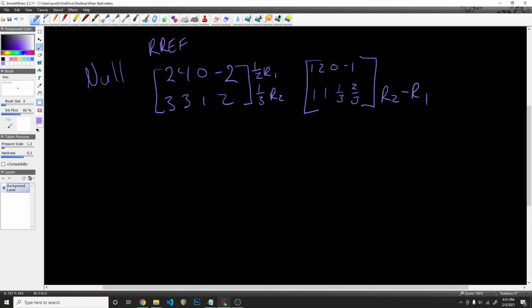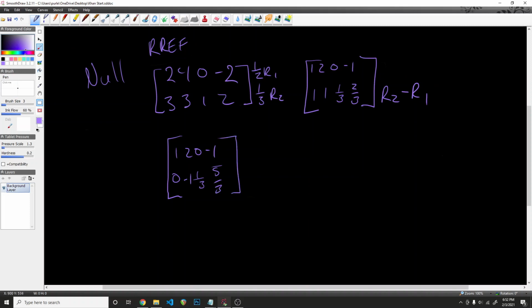Now we want to have a 0 here, so we can take row 2 minus row 1, and that will give us 1, 2, 0, -1. 1 minus 1 is going to be 0. 1 minus 2 is going to be -1. 1/3 minus 0 is going to be 1/3. And then we have 2 over 3 minus -1, which is going to be plus 1, so 2 over 3 plus 1 is going to be 5 over 3.